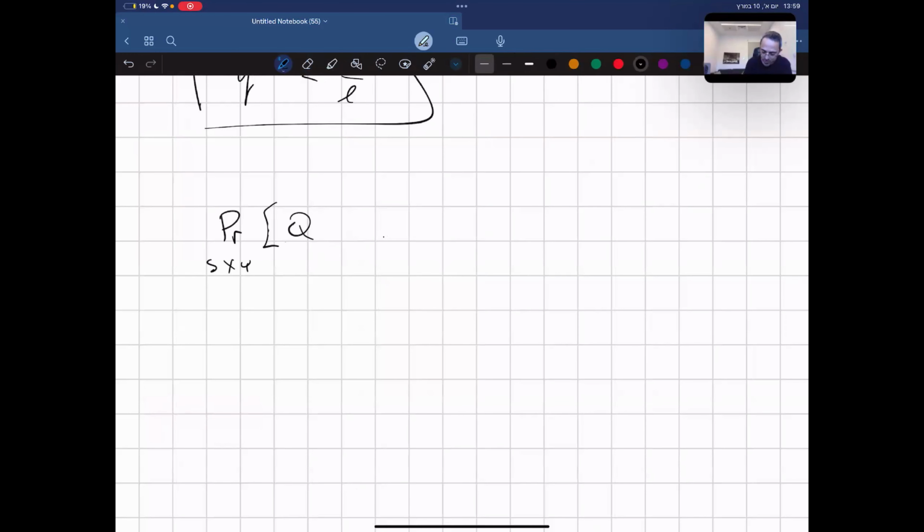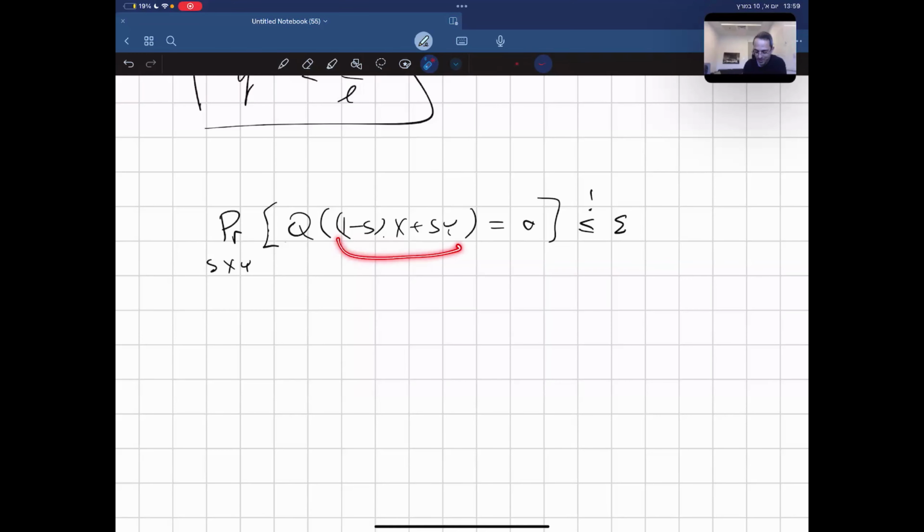So we just need to bound the probability that 1 minus Sx plus Sy doesn't fall in the zero set of Q, or in other words, we just want to bound this, right? Because whenever this is in B, this happens. So bounding this larger event suffices to bound the probability that the output of the merger is in B. Good.